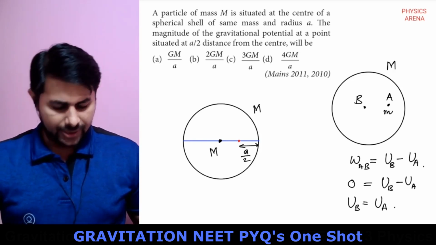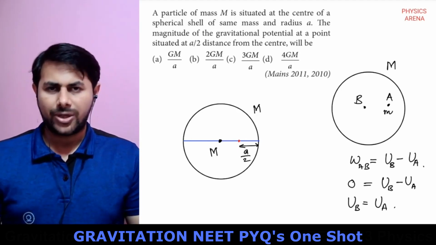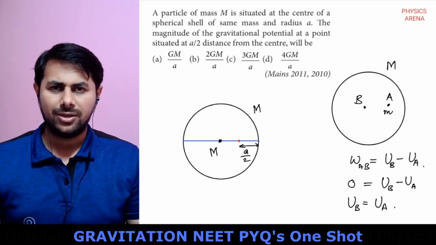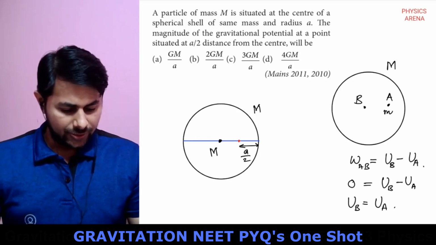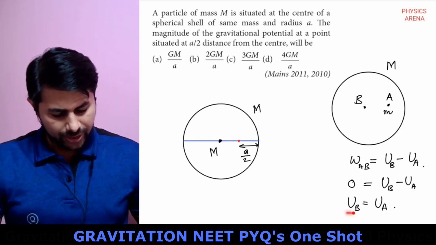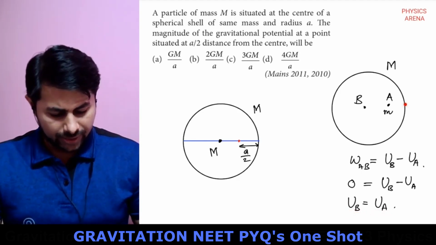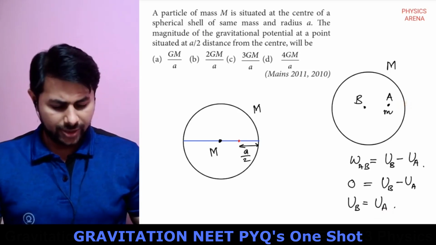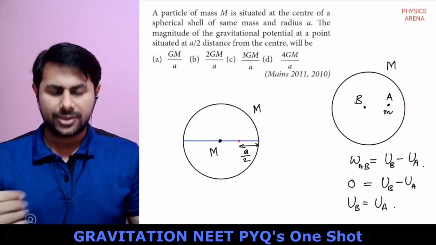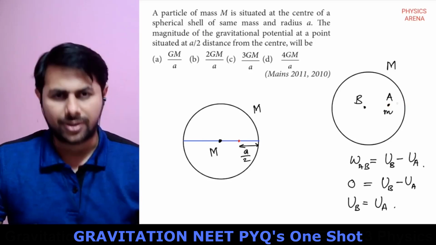Now, how do we define potential? Potential is work done per unit mass. Since the potential energy at A is equal to that at B, it will be equal to the potential energy on the surface of the shell. You can consider this mass just over here.